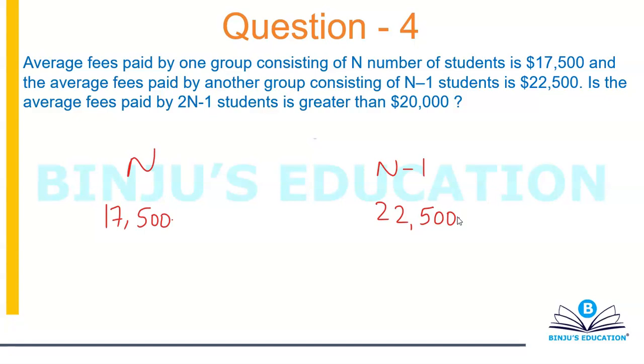Now try and understand this question. Let's say instead of n minus 1 students paying an average of 22,500, I had n students here also.